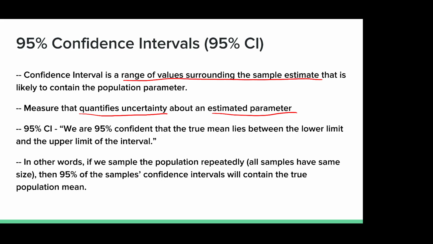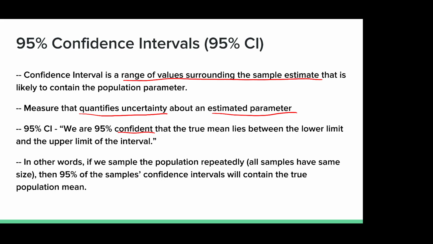So just really quickly, the 95% confidence interval is, and I took this quote directly from the Analysis of Biological Data by Whitlock and Schluter: we are 95% confident, it's a weird word, we're 95% confident that the true mean lies between the lower limit and the upper limit of the interval.